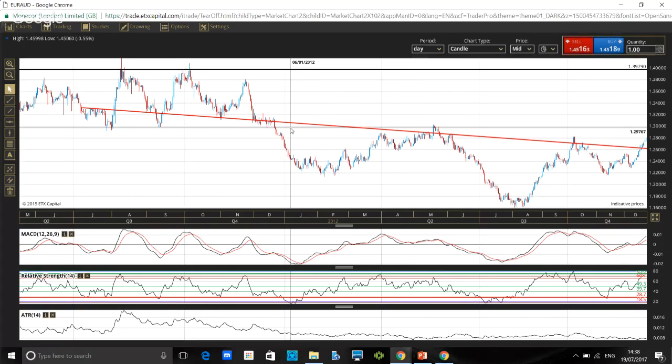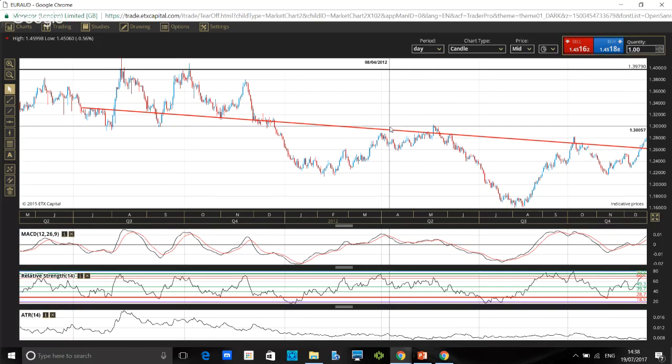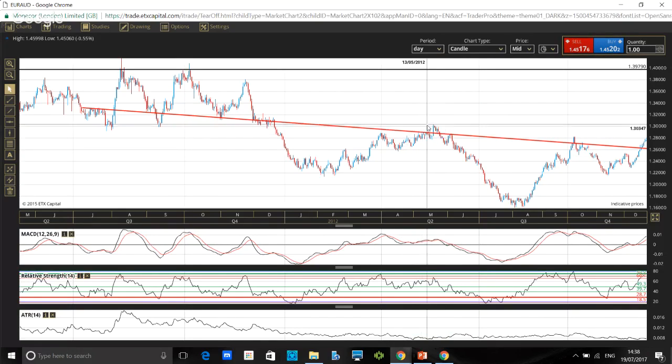Those rules only provide us with a definite opportunity to get into a trade when the price breaches that particular level identified by the trend line or the support and resistance line, and only when that breach in price is supported by the momentum indicators.